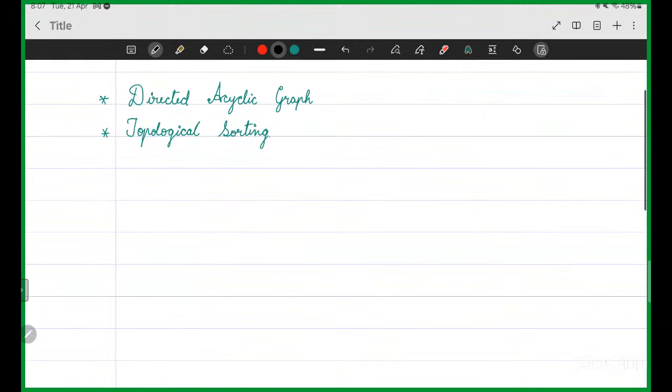Okay. So by now I'm assuming you know independently what these two terms mean, right? One is what is a directed graph, what is an acyclic graph. Can anyone quickly say what the two things are?